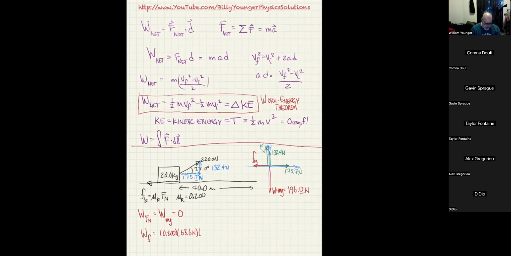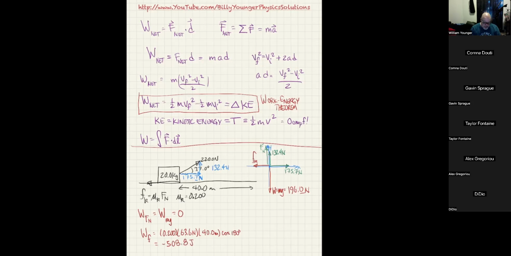And we knew the angle, of course, was 180 degrees, but the distance was 40.0 meters. And then we did cosine 180 degrees. And that gave us a work done by friction of negative 508.8 joules.